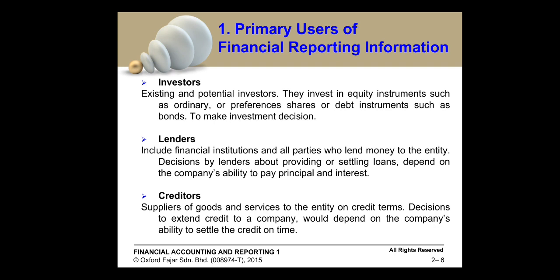Okay, this is the third example of an external user of financial statement. The third example is creditors. Creditors are parties that give credit to a business. Let's say in the future you have a grocery shop. So now we use a company example. Let's say you have a supermarket business in the future, and the business is a company.